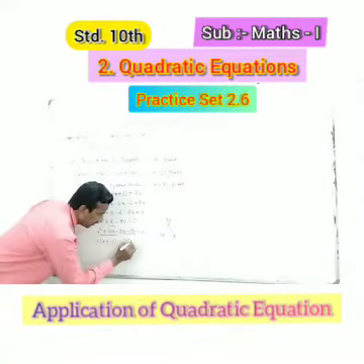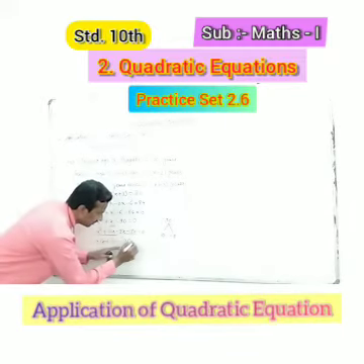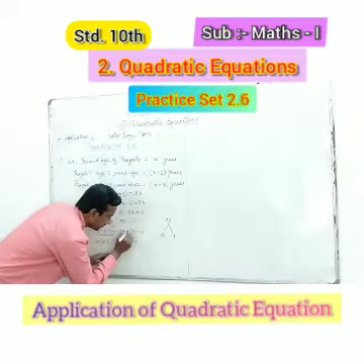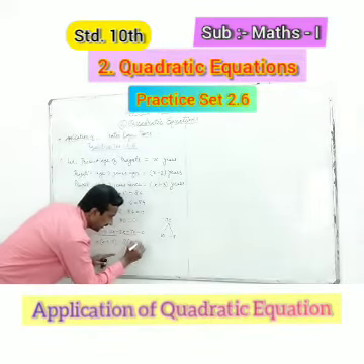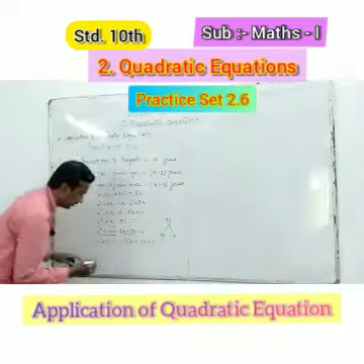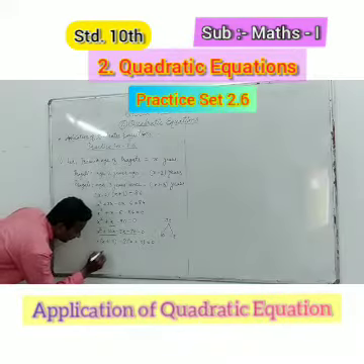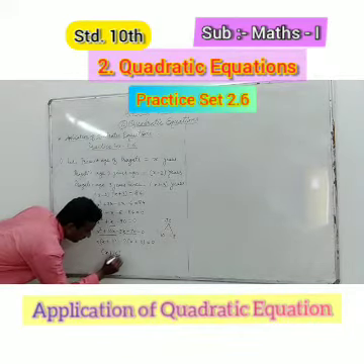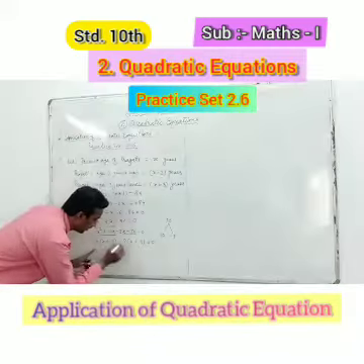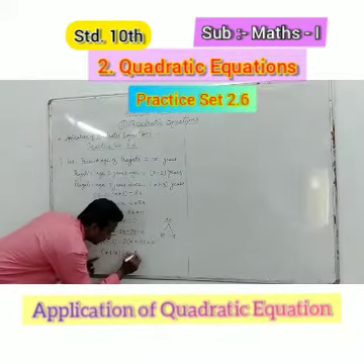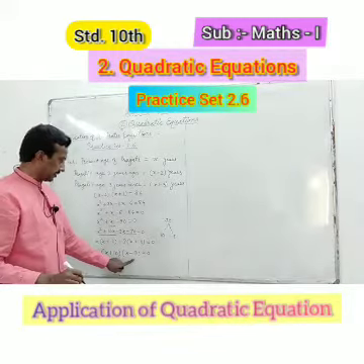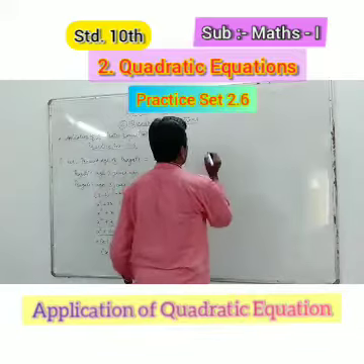Again the remaining term is x plus 10, equal to 0. Now x plus 10 is one factor, and the remaining term in the second bracket is x minus 9 equal to 0. These are the two factors, x plus 10 and x minus 9.